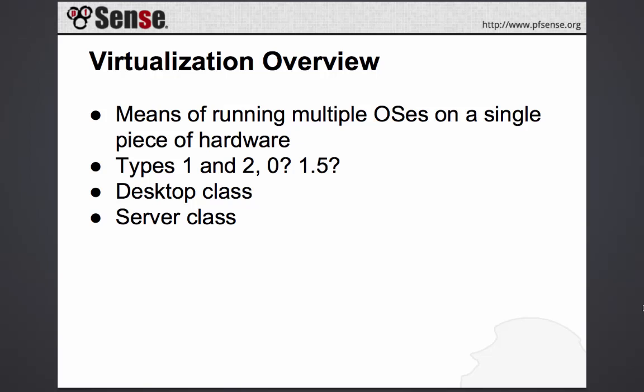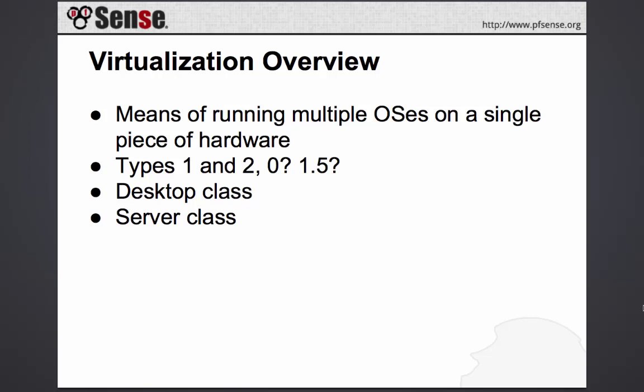Some more recent hypervisors are blurring the lines there. There's KVM on Linux and Bhyve on FreeBSD that are kind of type 1, kind of type 2, depending on how you want to look at it. And so there have been some arguments of whether type 0 should be created or 1.5, so we won't really use the specific types, and we're not going to be pedantic about any of the classifications along those lines.